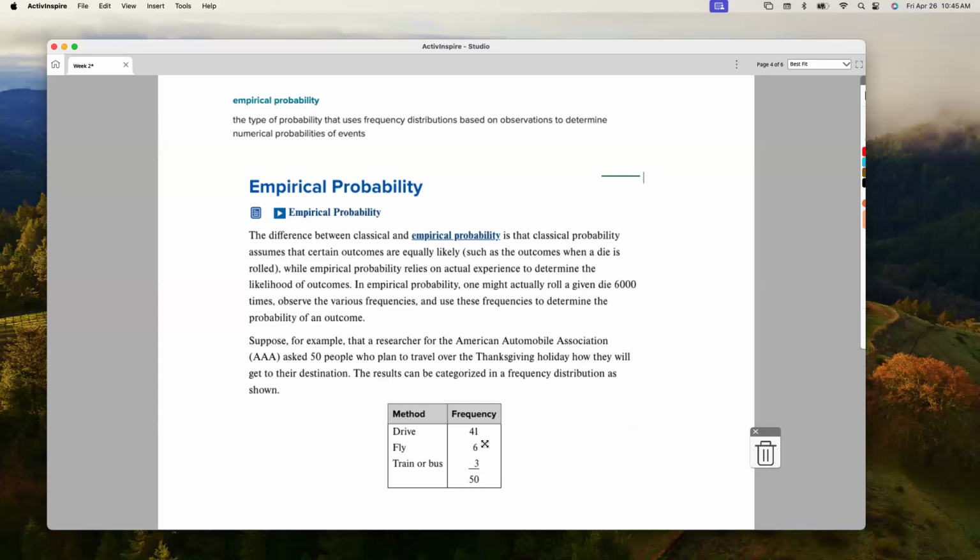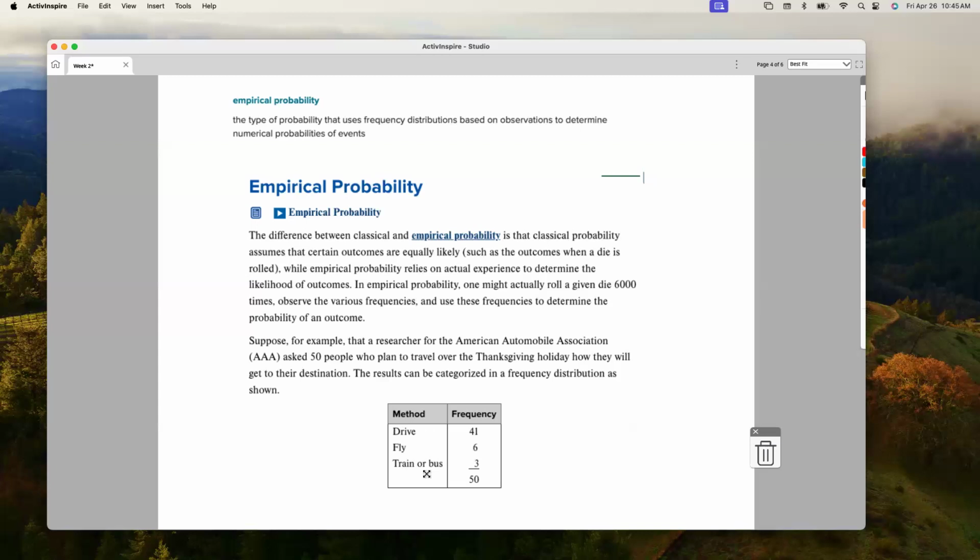Or 6 out of 50, which would be 12%, or 41 divided by 50, which would be 82%. So we would say there's an 82% chance of selecting somebody that would fly, a 12% chance of selecting somebody that would drive, or a 6% chance of getting somebody who would take the train or a bus.